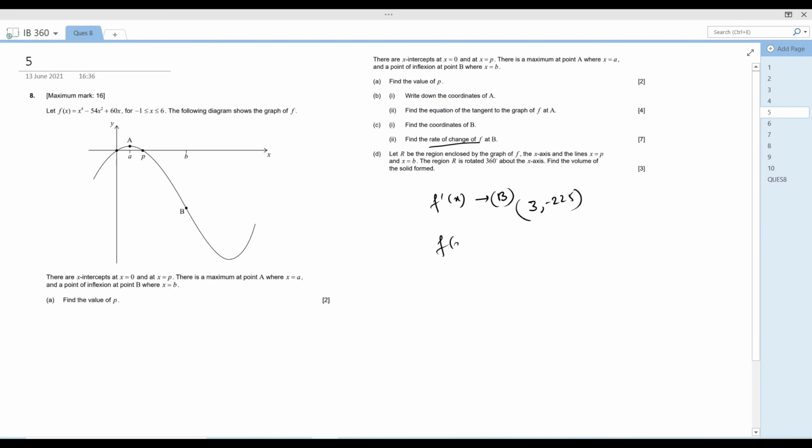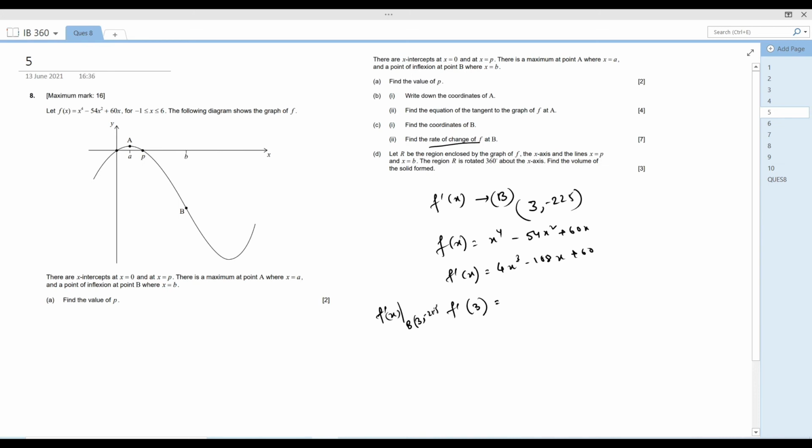Again, f of x equals x to the power 4 minus 54 x square plus 60x. So f dash x is equal to 4x cube minus 108x plus 60, and f dash of 3, the rate of change at B, you can also write as f dash of x at B, 3 comma minus 225.